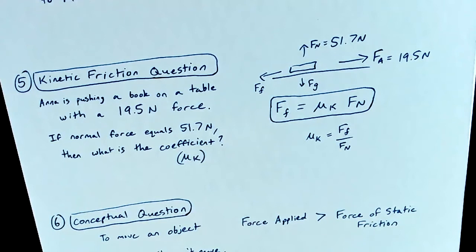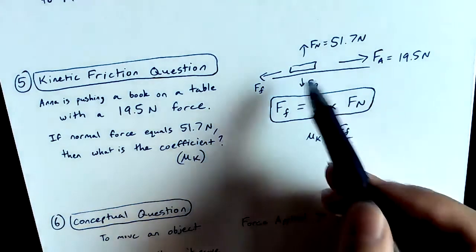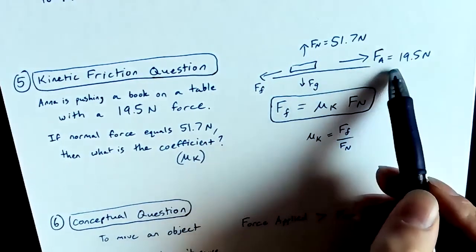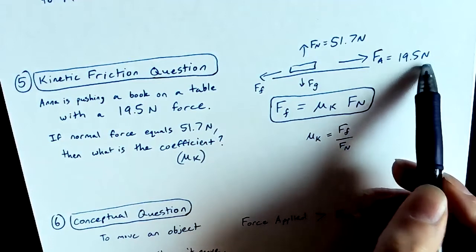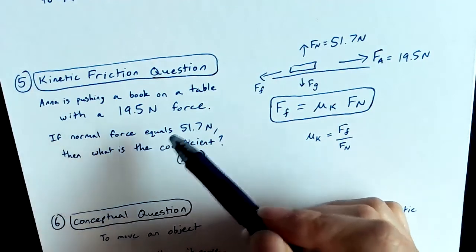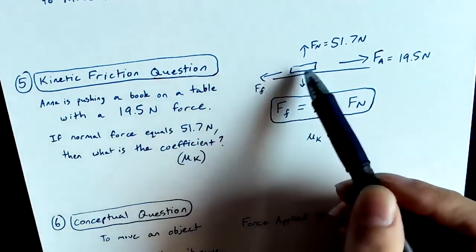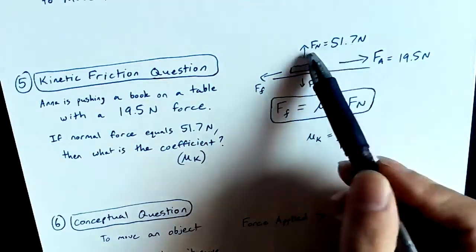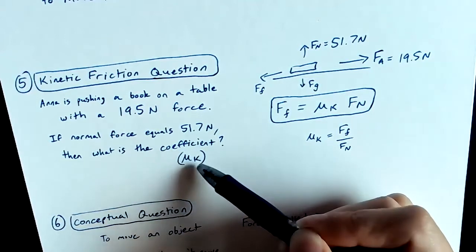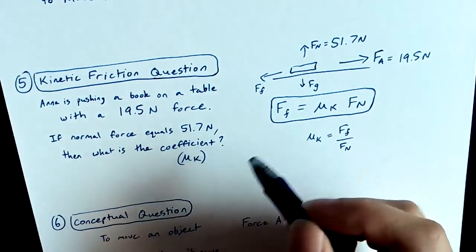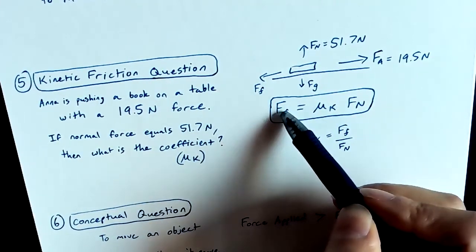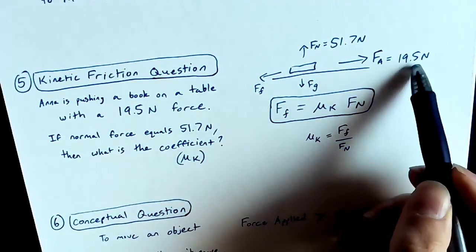We're told Anna is pushing a book on a table. So there's a book. She is pushing the book this way with 19.5 newtons. We're also told the normal force is equal to 51.7 newtons. So I put that there, normal force. What is the coefficient of kinetic friction? So this is the equation. We're given 19.5.